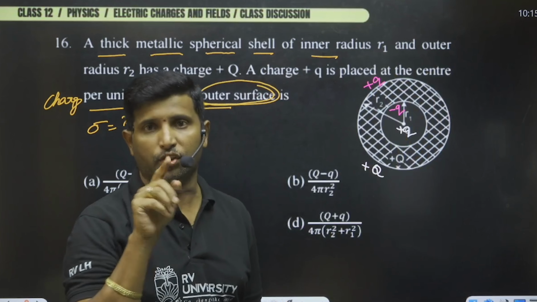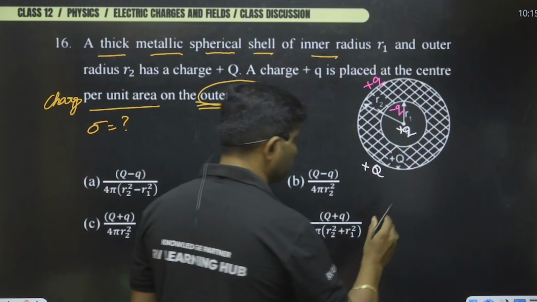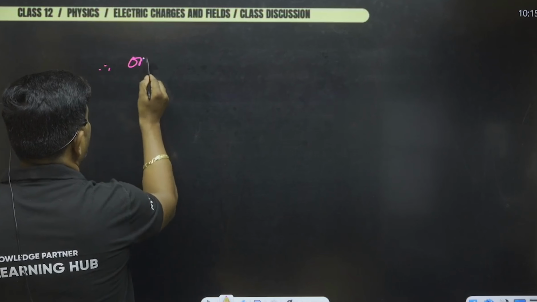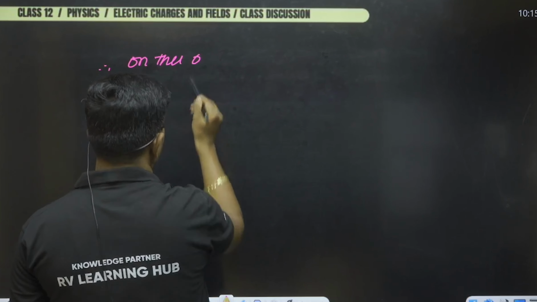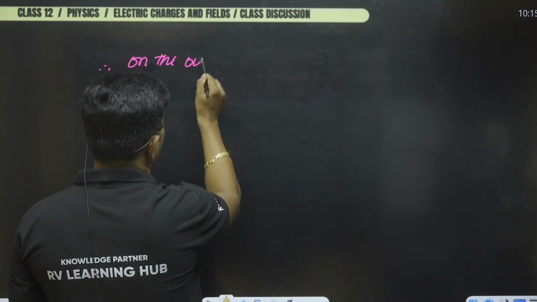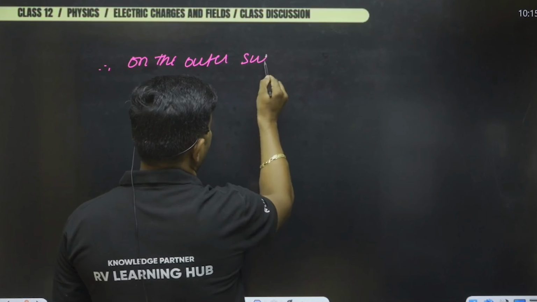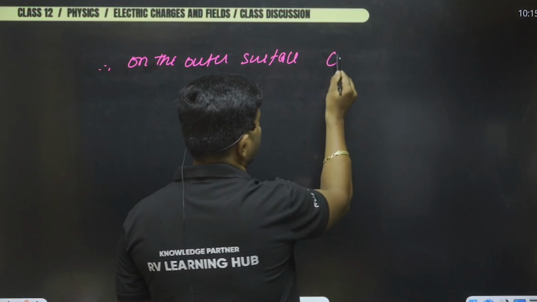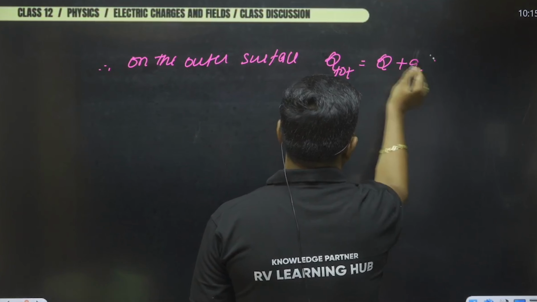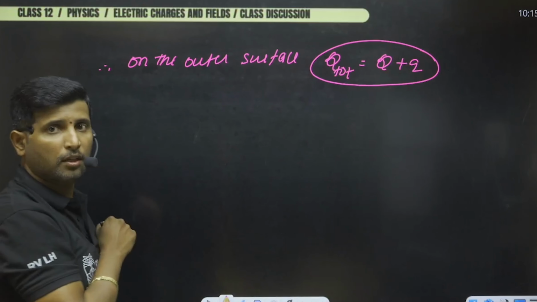Therefore, what is the total charge on the outer surface? The total charge is capital Q plus small q.